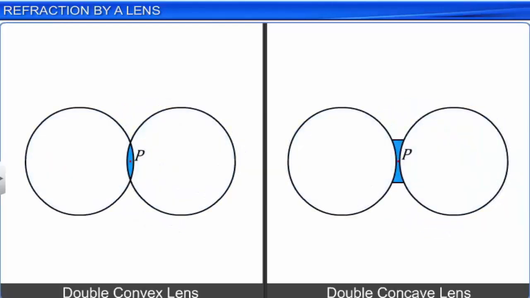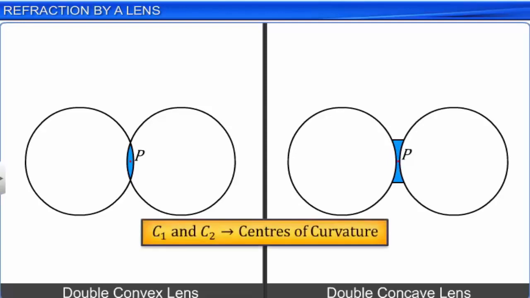C1 is the center of curvature corresponding to the first curved surface having radius of curvature R1. C2 is the center of curvature corresponding to the second curved surface having radius of curvature R2. The straight line joining C1 and C2 is the principal axis of the lens.